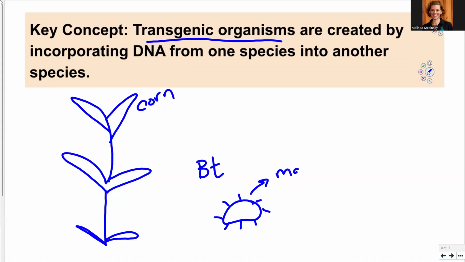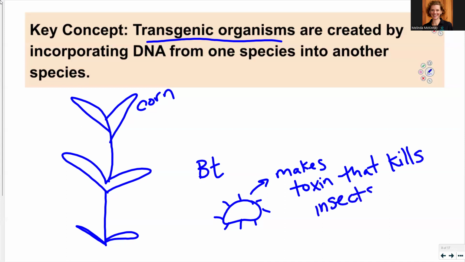So it makes a toxin that kills insects, okay, herbivores. So this is really popular. It's a popular way to modify crops because a big risk when you grow a crop is that it's going to be eaten by insects.